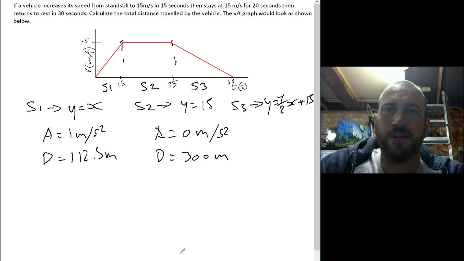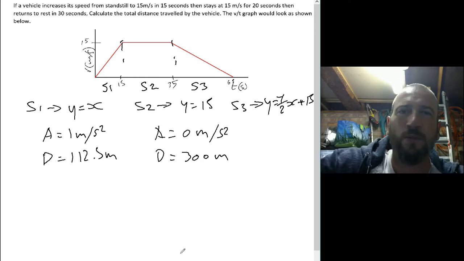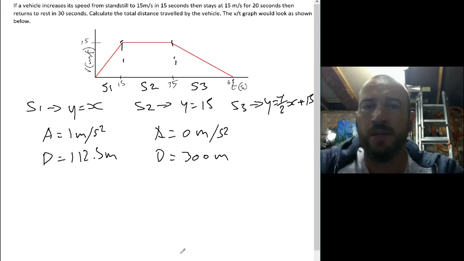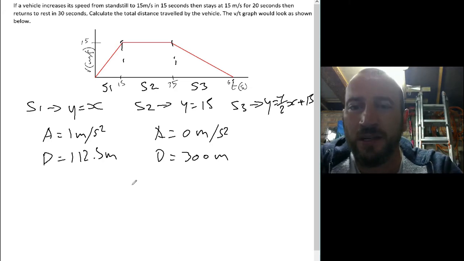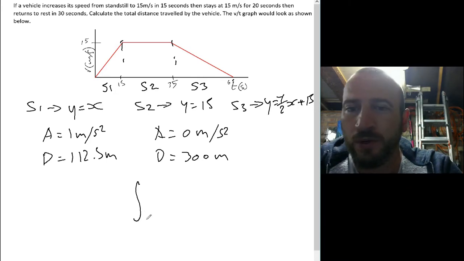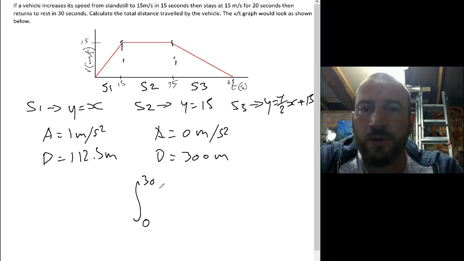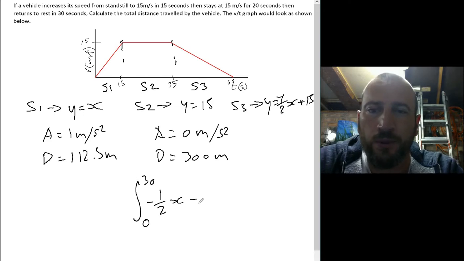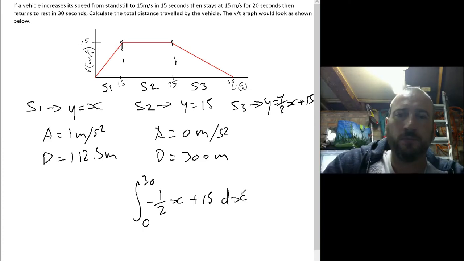Finally, we've got section 3. Section 3's got a bit more of a complicated equation, but we're going to keep it simple. Let's integrate first. Remember before, we have to start at 0 and go to the length of the line, so we've got 0 to 30. We've got the integral of negative 1 over 2 x plus 15 dx.